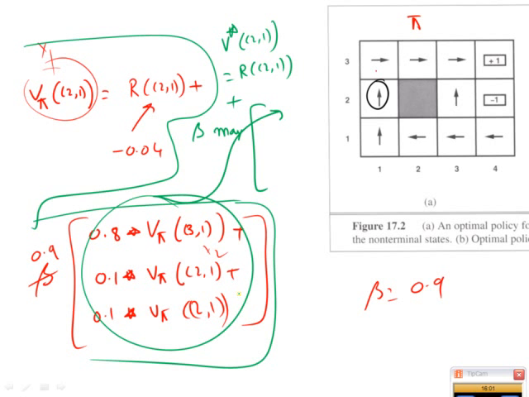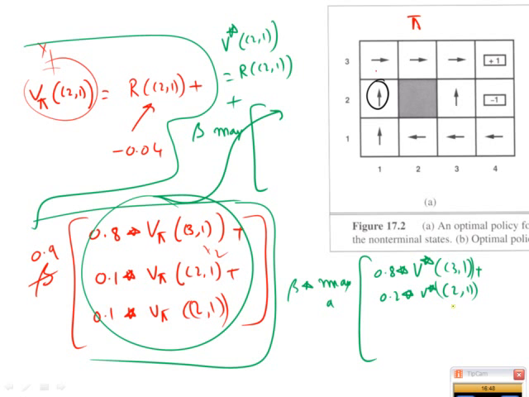When I copy this over, the first equation would be beta times max over A of, where the action A is going up, 0.8 times V star, not V pi, V star 31, plus 0.2 times V star 21.